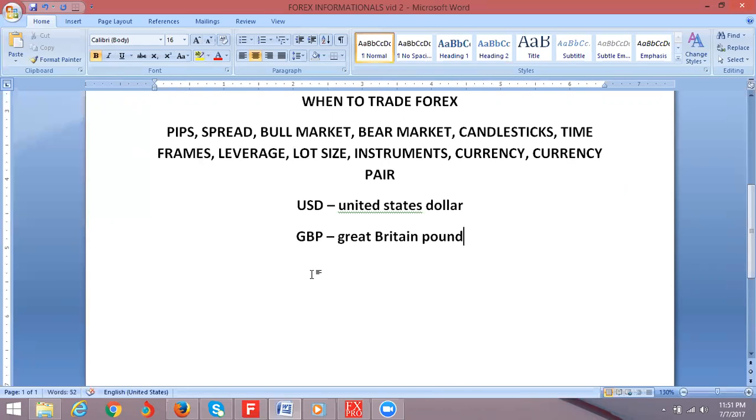So these are currencies, and a currency pair is when you have GBP, the Great British pound, paired with the USD, something like this.